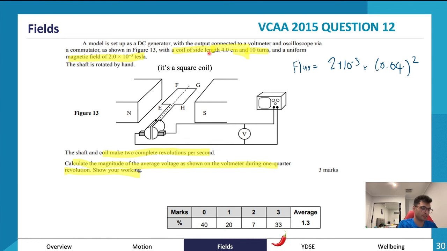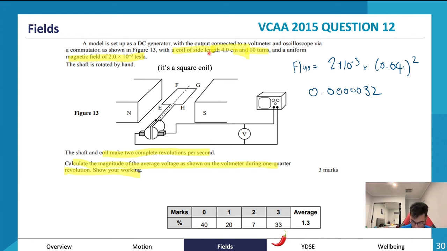This gives us a flux of 0.0000032. Let me just double check that, make sure I haven't done that wrong. So this is our flux.